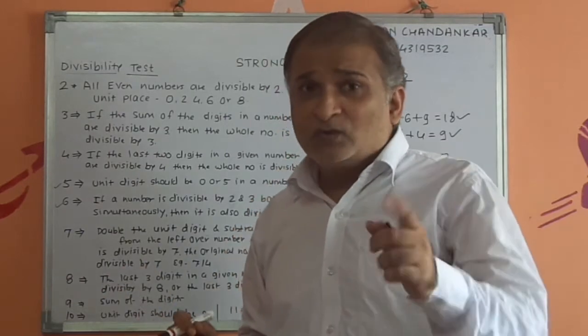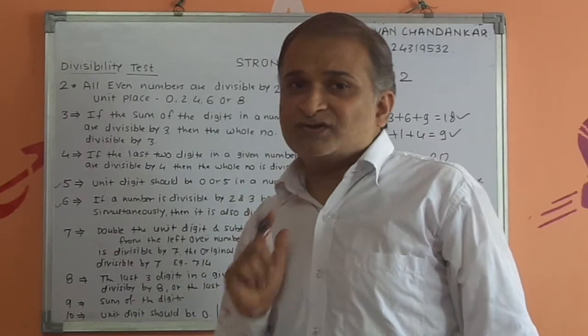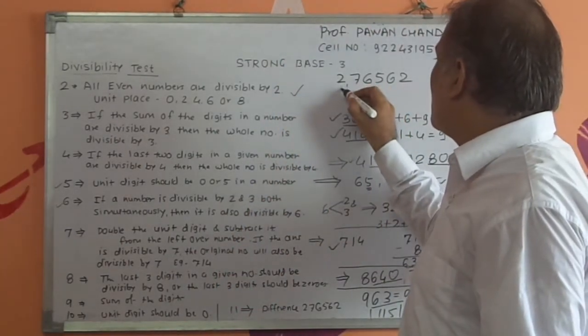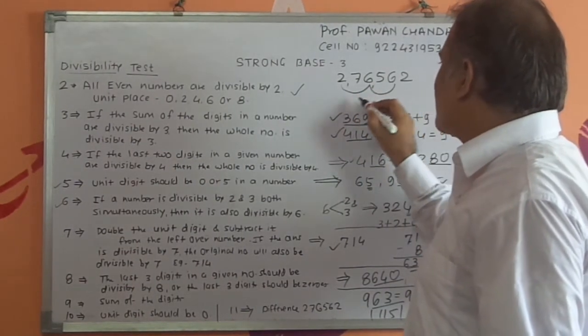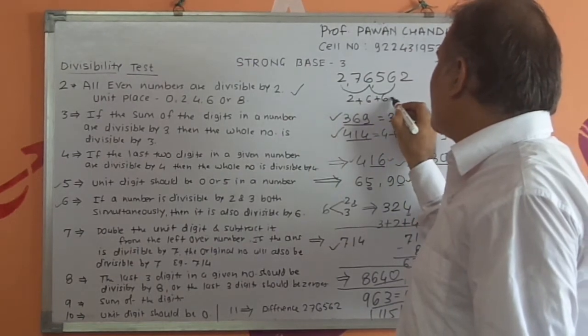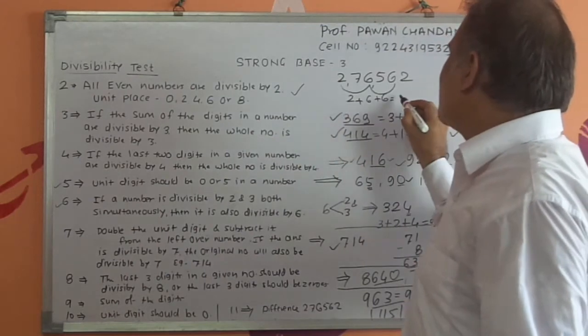As I told you, we have to get the sum of the alternate digits first of all. Now let's check the sum. This is 2, the alternate digits are 6 and then 6. So 2 plus 6 plus 6 gives you 6 plus 6 is 12. 12 plus 2 is 14.